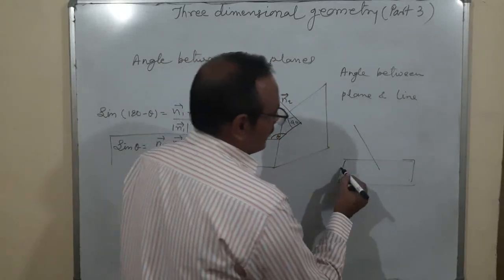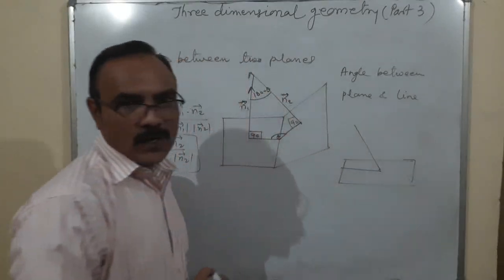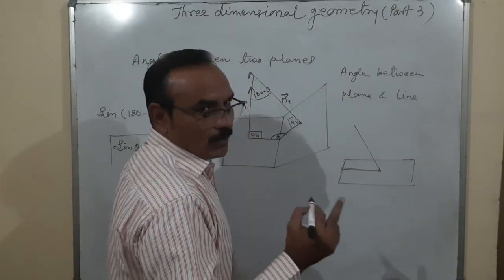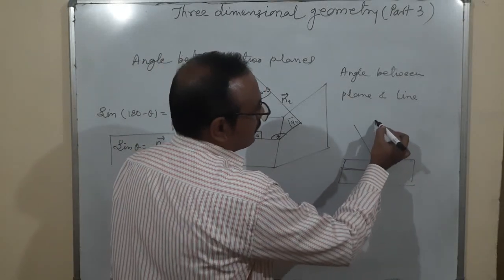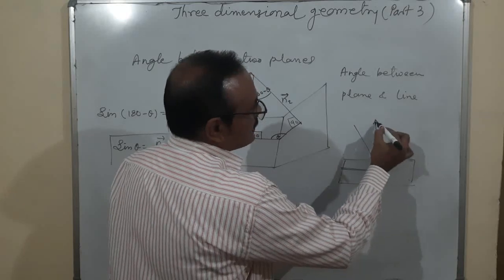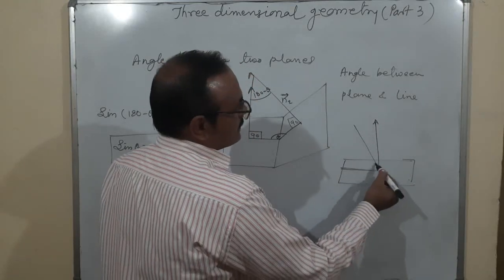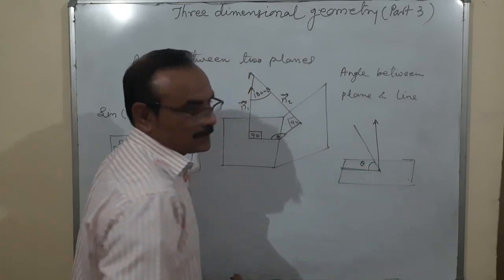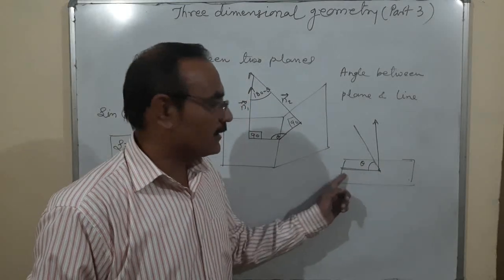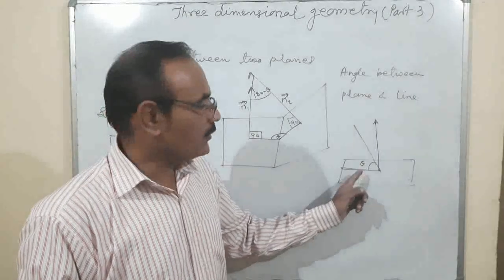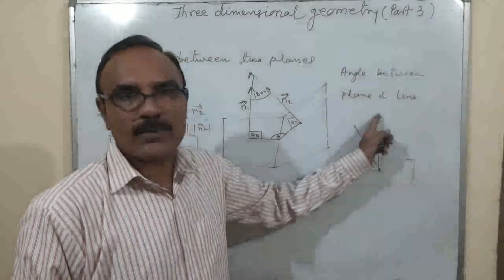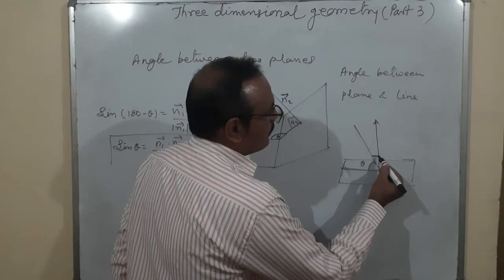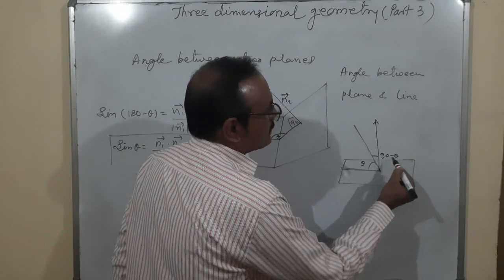Here, whatever the normal of the plane, it is always perpendicular to the plane like this. This is the normal and this line. So actually we are going to find this angle. Suppose this angle is theta. But this line, which is on the plane, makes a 90 degree angle with the normal. So this complete angle is 90, and this part is theta. So this remaining part is 90 minus theta.